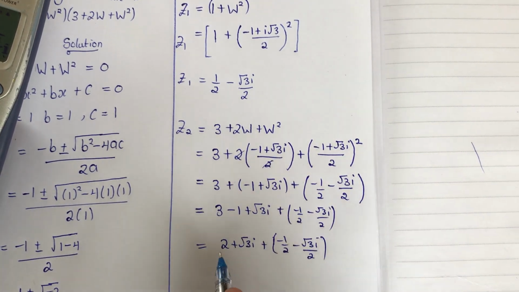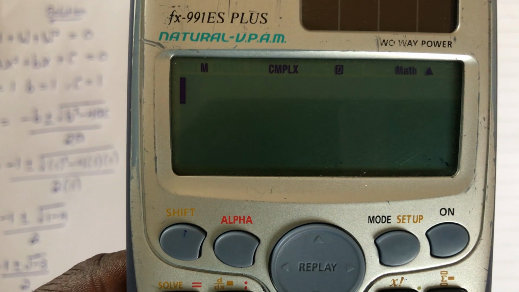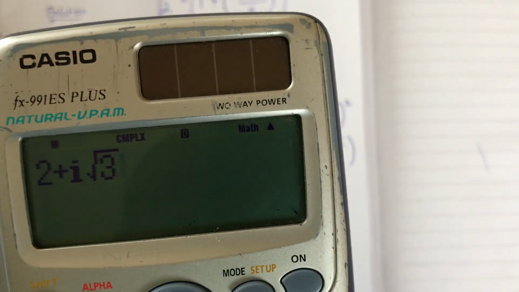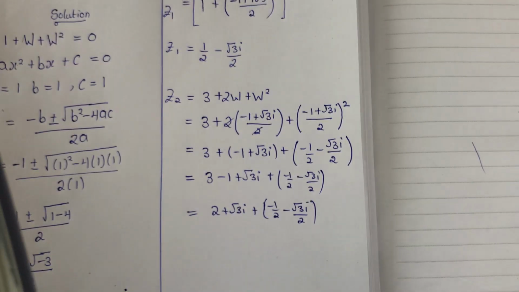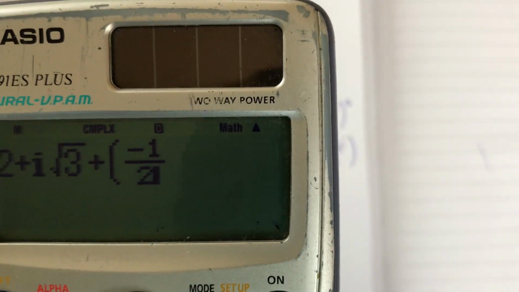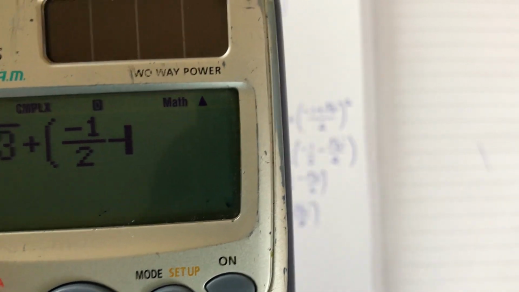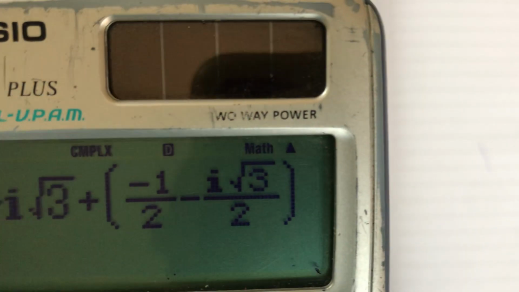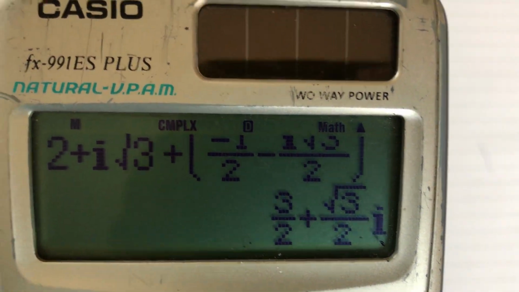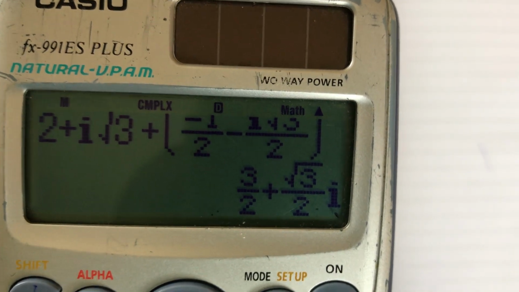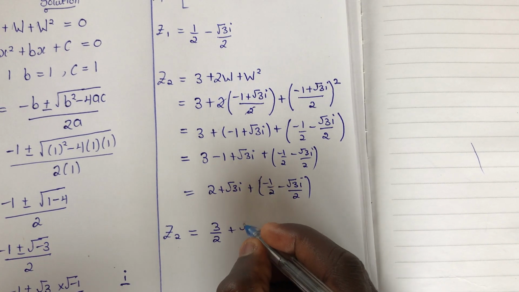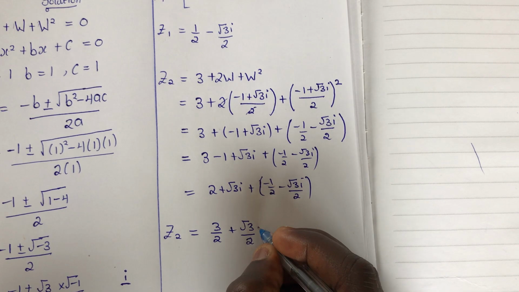You just punch this on the calculator: 2 plus i root 3, then adding negative 1 over 2, and then minus i root 3 over 2. We press equal to, and Z2 is giving us 3 over 2 plus root 3 over 2 i.